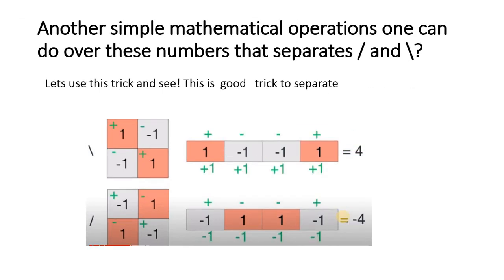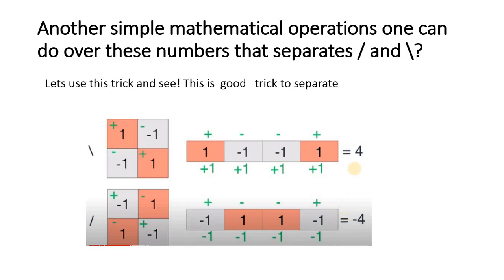Another simple mathematical operation one can do over these numbers is you put a weightage of plus, minus, minus, plus, and multiply these numbers by this weightage. Plus means +1, minus means -1.